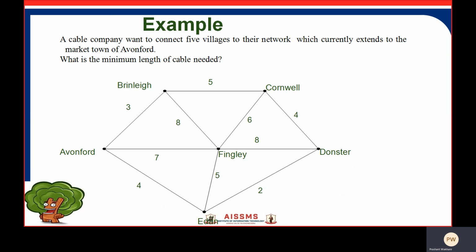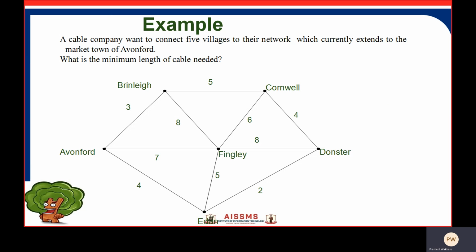See this example: a cable company wants to connect 5 villages to their network, which currently extends to the market town of Avonford. What is the minimum length of cable needed?